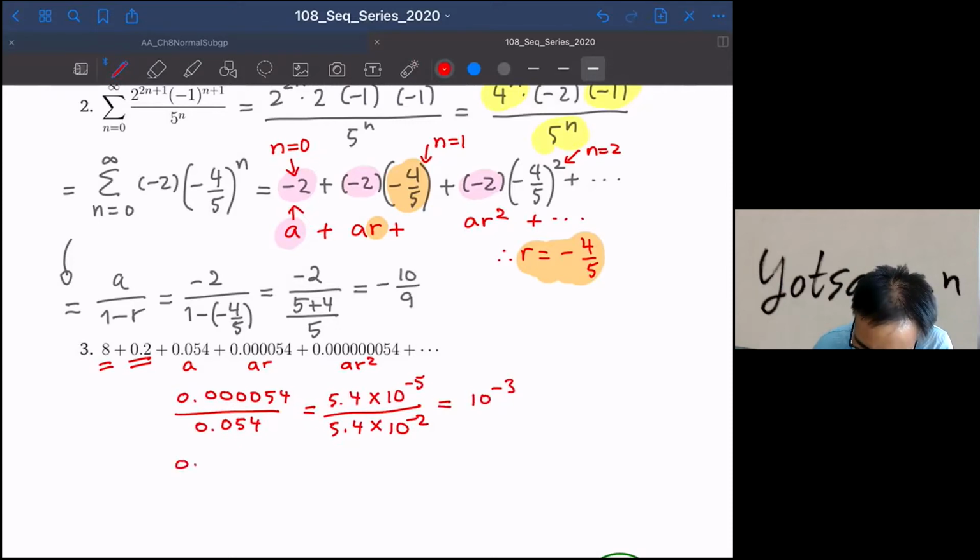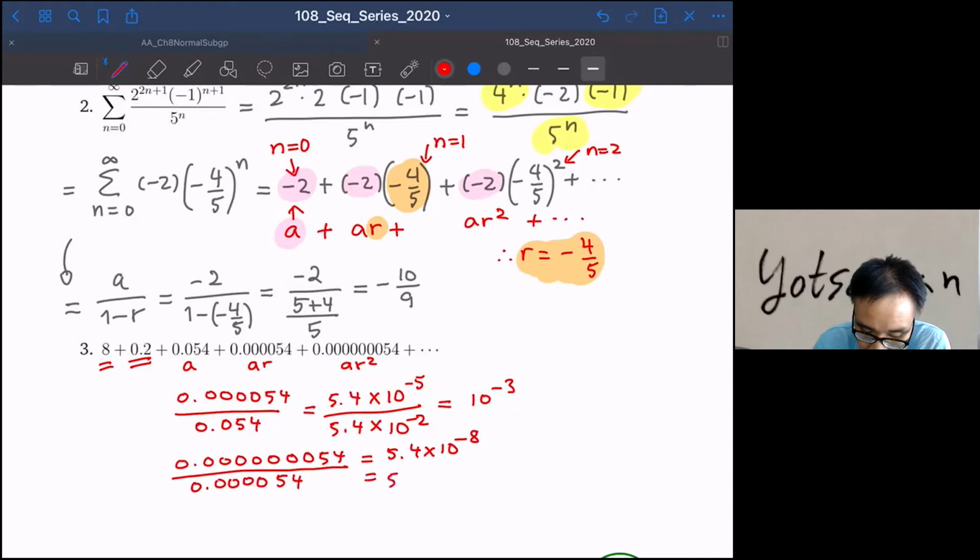Similarly, with the next term, how many zeros do I have? 1, 2, 3, 4, 5, 6, 7, then 5, 4. So it's gonna be 5.4 times 10 to the -8 over 0.0000054, which is 5.4 times 10 to the -5.